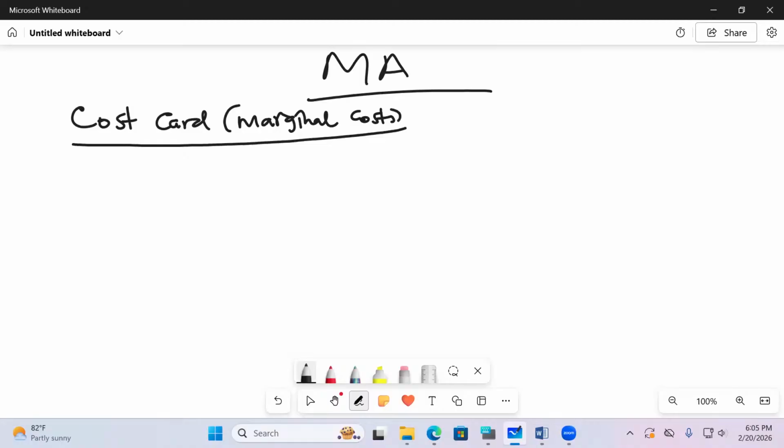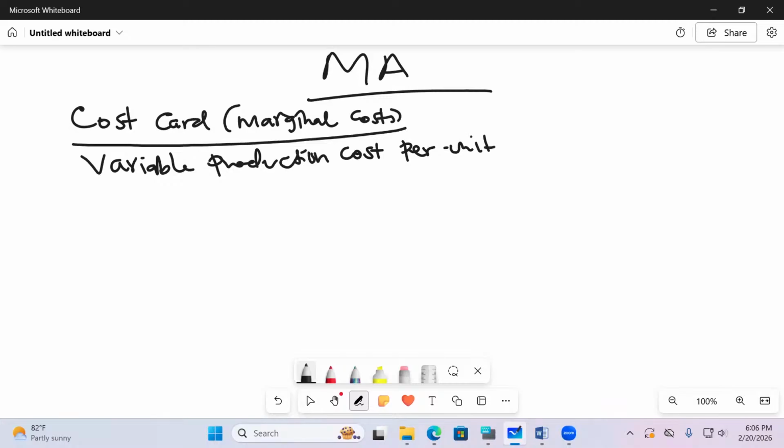With marginal cost, we are only factoring in which kind of costs? Variable. So only variable production cost. So give us the variable production cost per unit. That is the marginal.